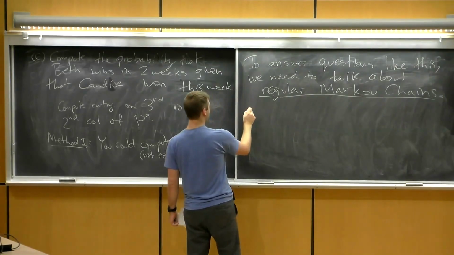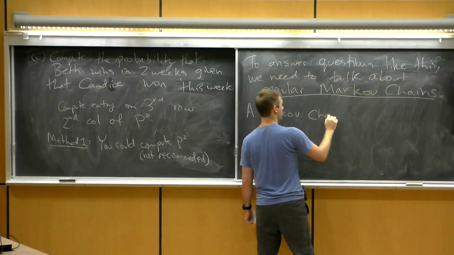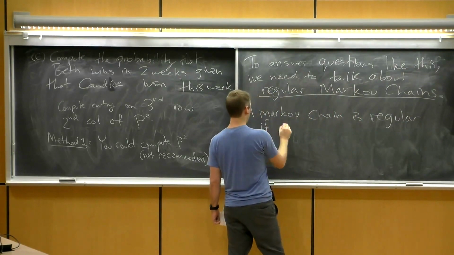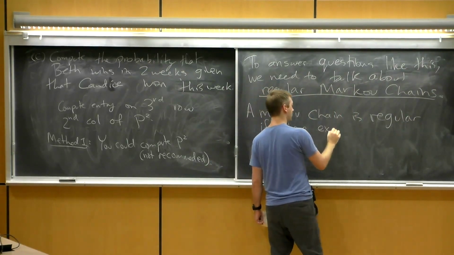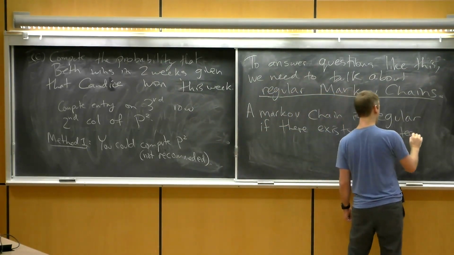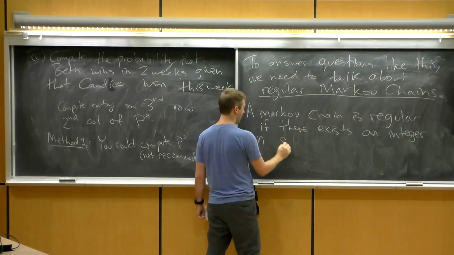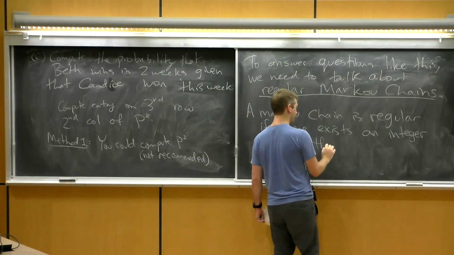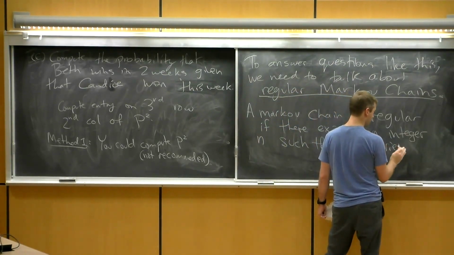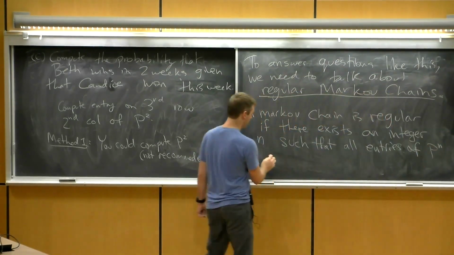So what is a regular Markov chain? A Markov chain is regular if there exists an integer n such that all entries of P to the n are positive.